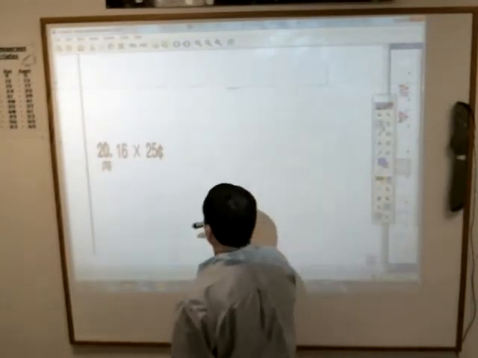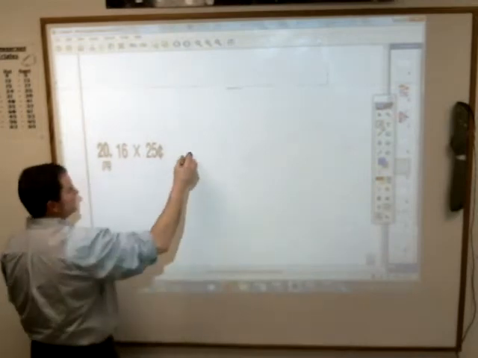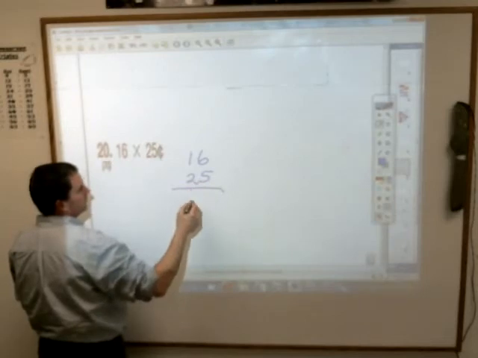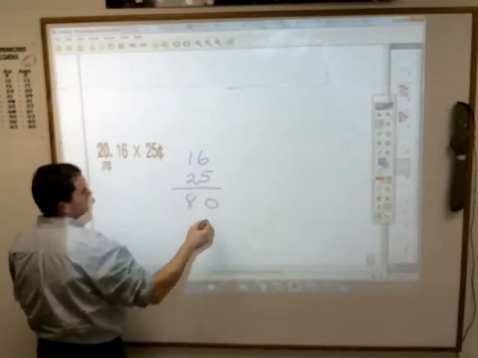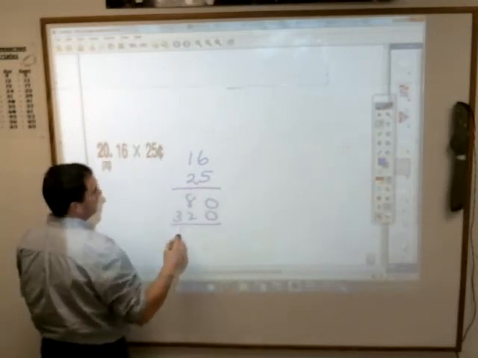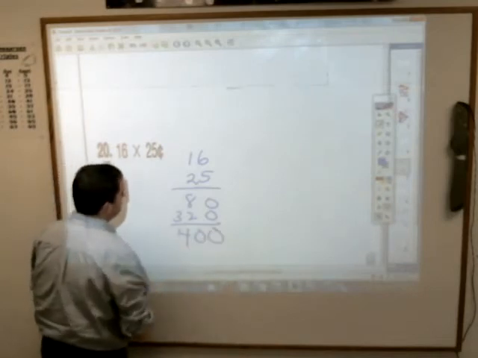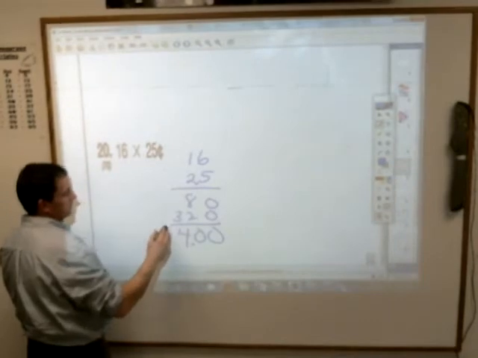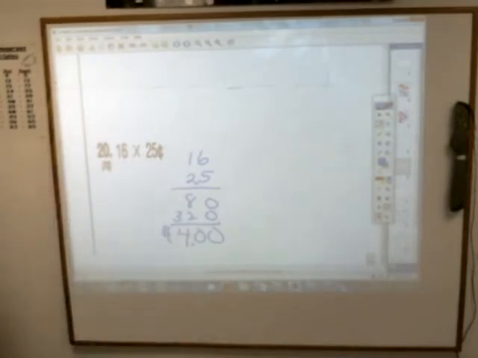Did you do 16 times 25 cents? When you multiplied it, you got 400. But that's cents, so we need to make it dollars. If you have 16 quarters, you have $4. What did you get for an answer? I got $5. Did you multiply the same numbers I did?